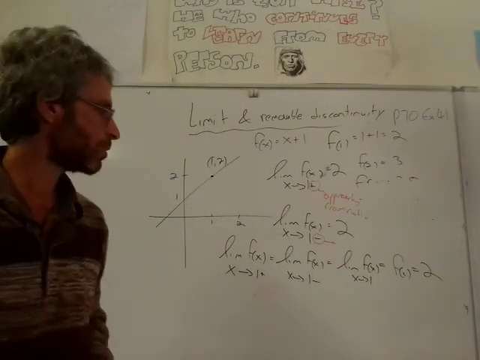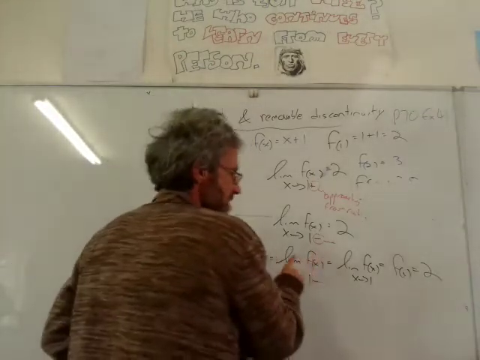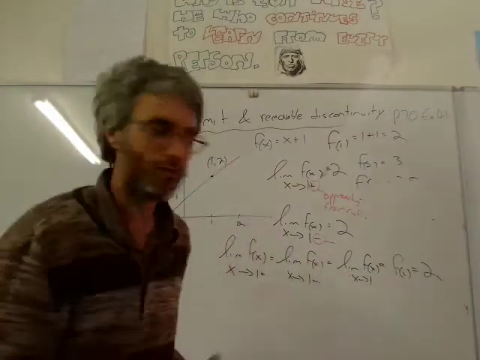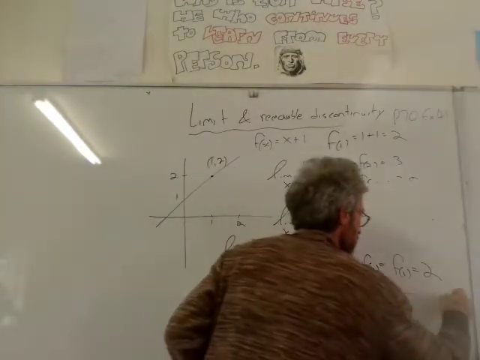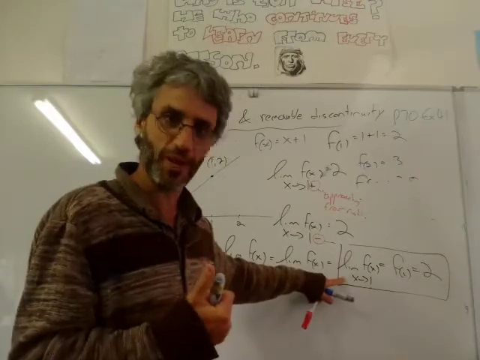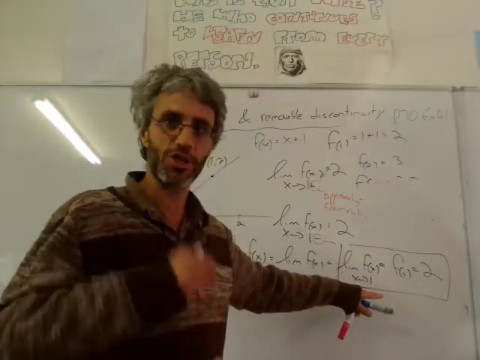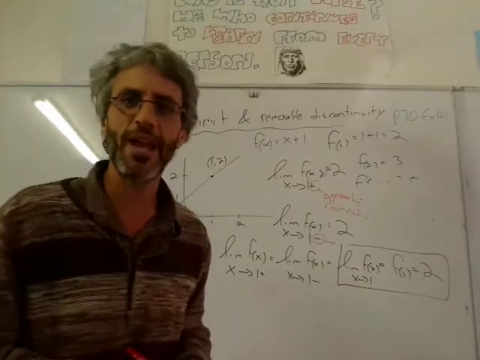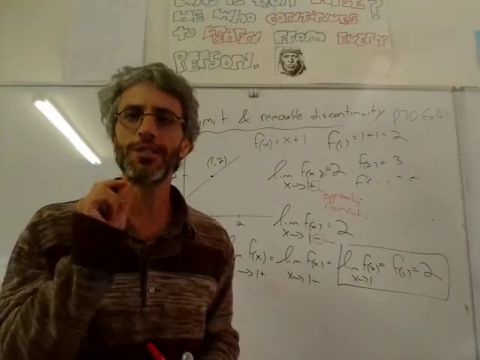So when there is a limit of the function, and the limit of the function is equal to the value of the function, we just put f of 1 as 2, then we say the function is continuous.